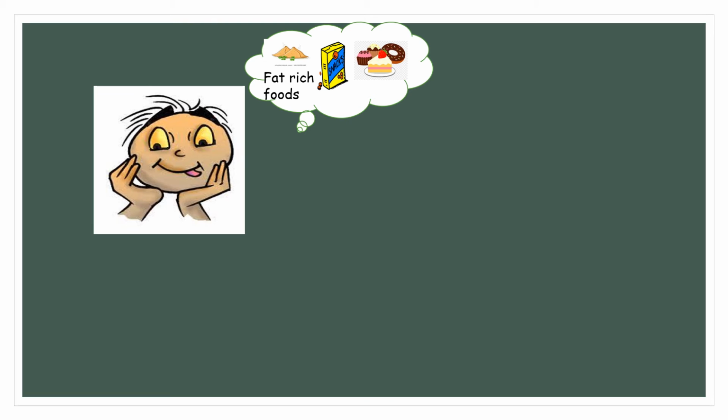Now, one more interesting thing is about Bujo. Bujo thought that fat would be the best food to eat all the time because he heard that it is an energy giving food. So he always wanted to eat snacks and fat-rich items. But do you think he was right?